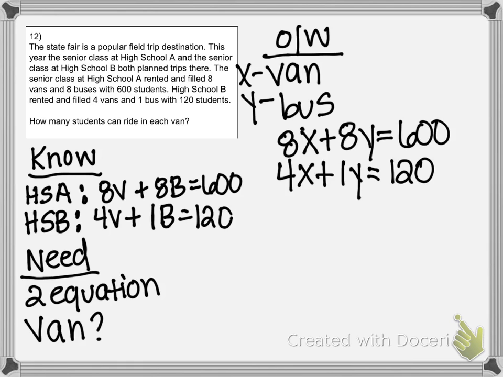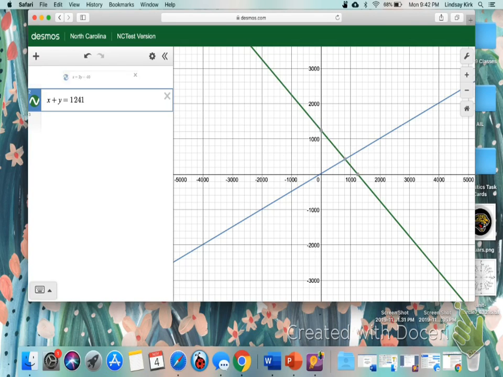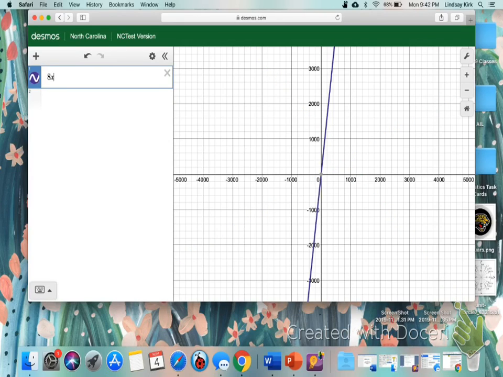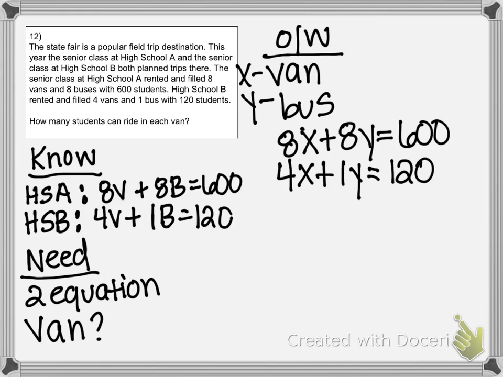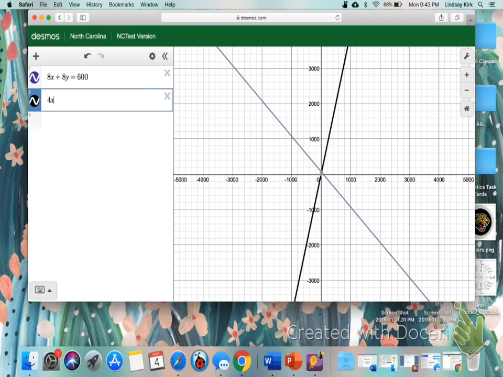This was calculator active. So I'm going to move this over. So we have 8x plus 8y equals 600. And the other one was 4x plus 1y equals 120.